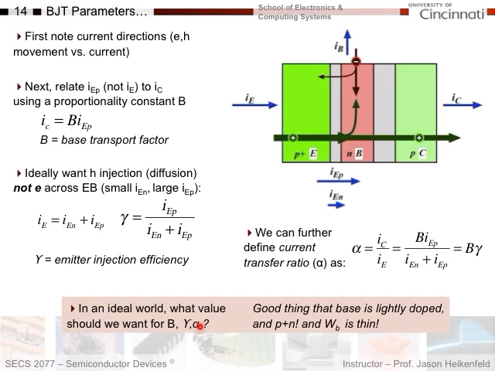If I have good design, I want the base to be lightly doped compared to the emitter, so I don't have recombination of holes as they go across, and I'd like my base width to be as small as possible, again so I don't have much recombination. I also like the base to be lightly doped because that means there are fewer electrons diffusing this way. Do all this, and these terms get close to unity.